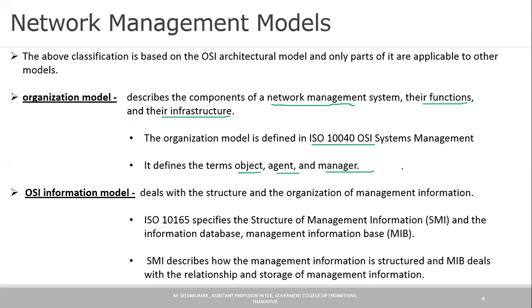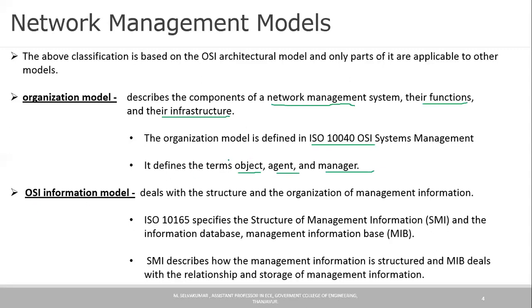This organization model is further classified into the two-tier network organization model, three-tier network organization model, manager of managers organization model, and the dual role of the management process. This model describes the behavior of the function and the infrastructure of the OSI systems.